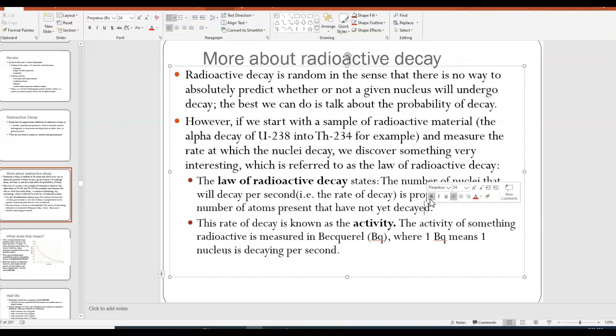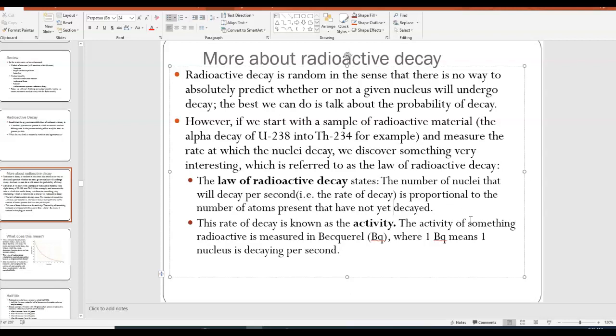As uranium-238 begins to turn into thorium-234 from alpha decay, we end up with less uranium, and because we have less uranium remaining, the rate of decay is also going to decrease, because the rate of decay is proportional to the number of atoms present that have not yet decayed. So our radioactive piece of uranium is going to decay more slowly over time as there's less and less uranium remaining.